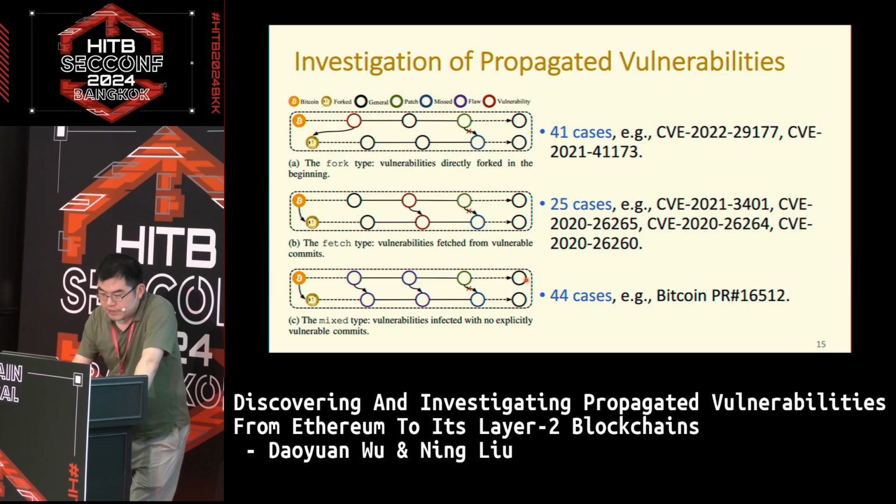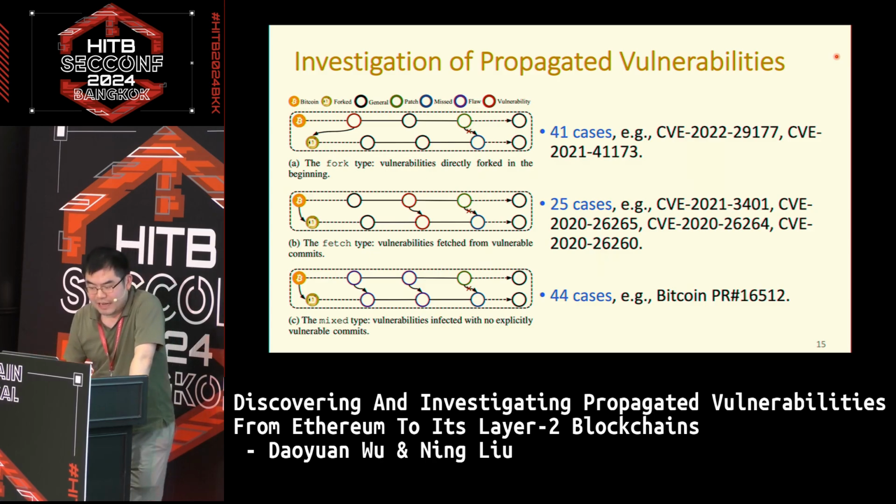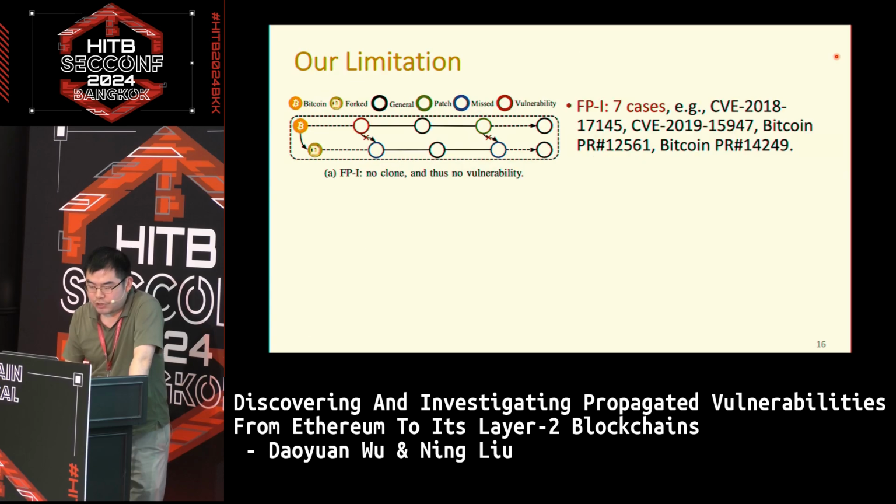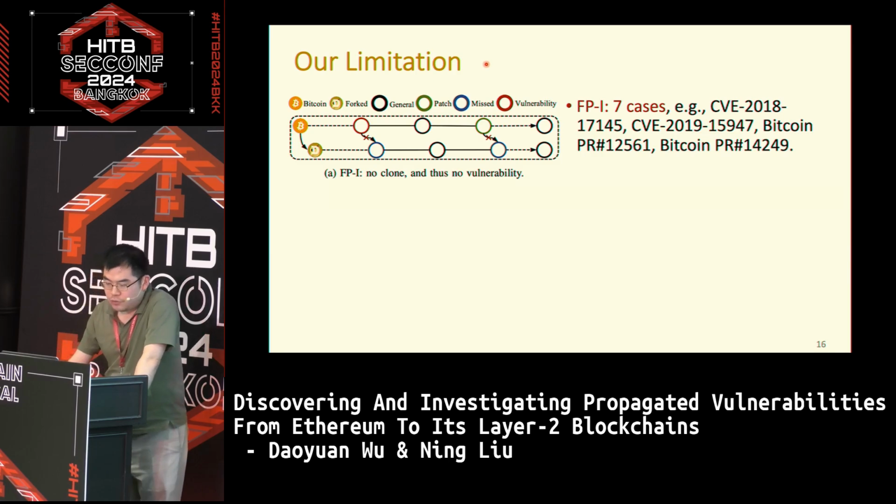Just now was the investigation of why those vulnerabilities could be propagated from layer 1 blockchains to layer 2 blockchains. Regarding the limitation of our tool, there are still some inaccurate cases. There could be a certain type of false positive.